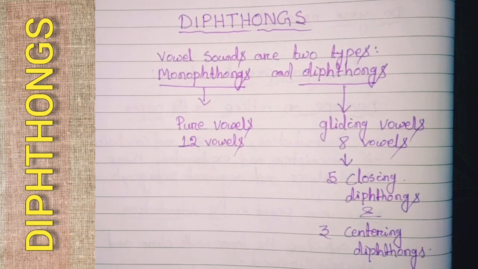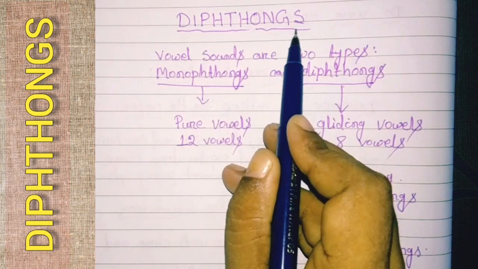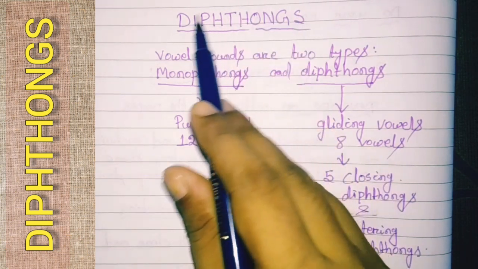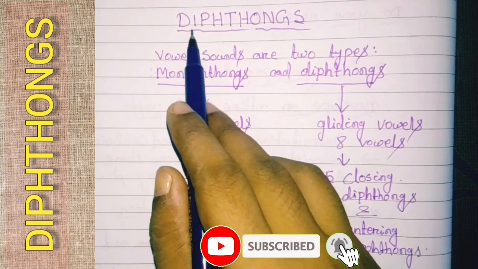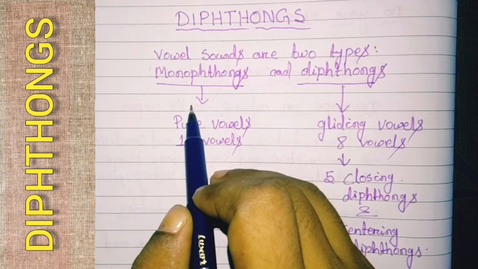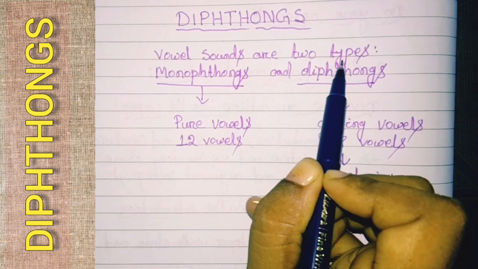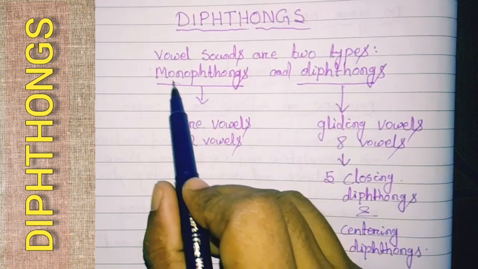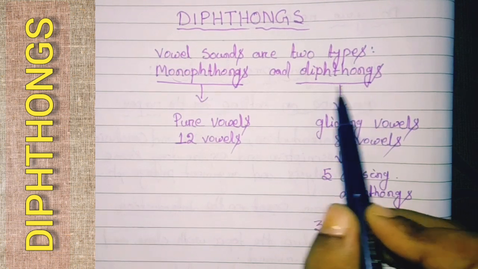Hello students, today I will teach you about diphthongs, and before going to its diagram, I will make it clear what diphthongs are. In English, from the point of view of their quality, vowel sounds are of two types: monophthongs and diphthongs.